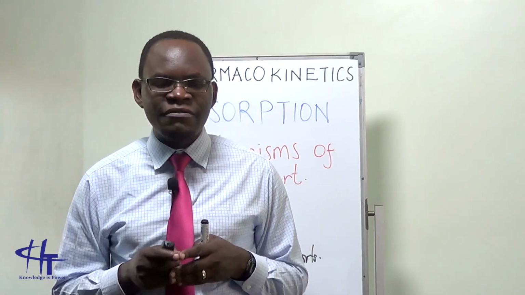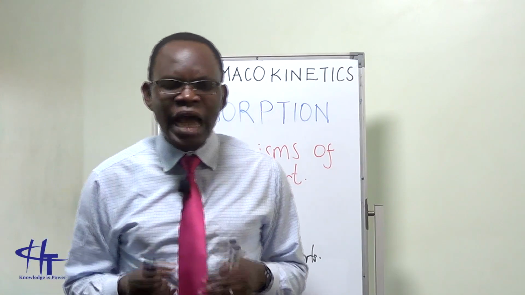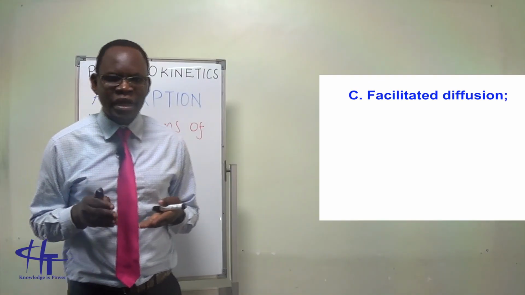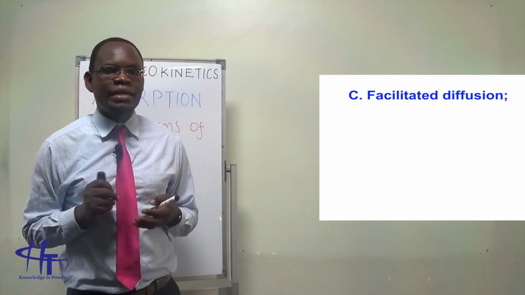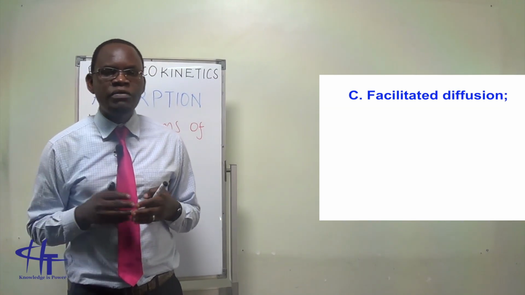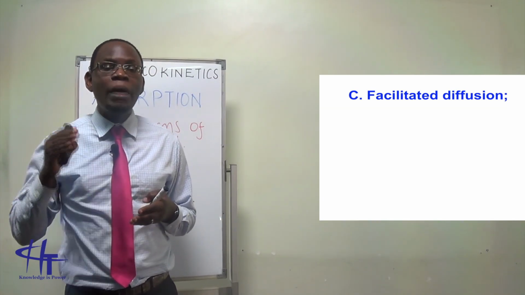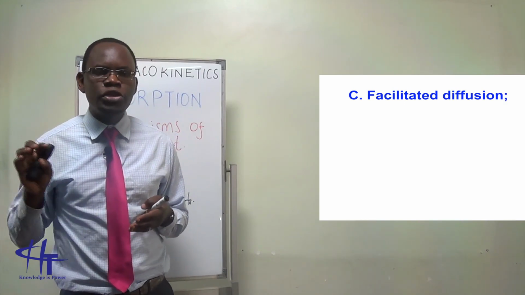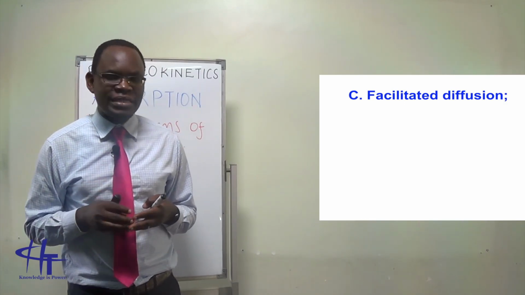Now, we have what we also refer to as facilitated diffusion. Just like the word facilitated, there should be something that is aiding movement of this drug from outside to the inside, or from where it is highly concentrated to where it is less.